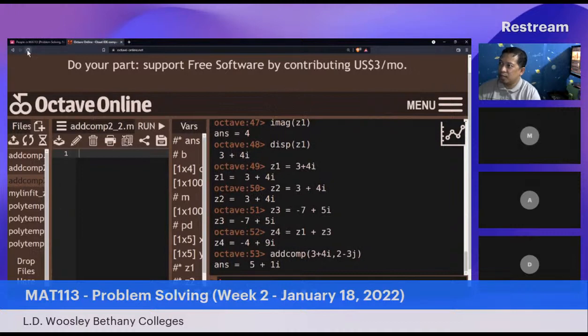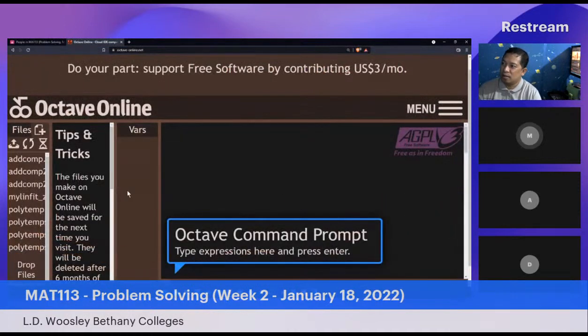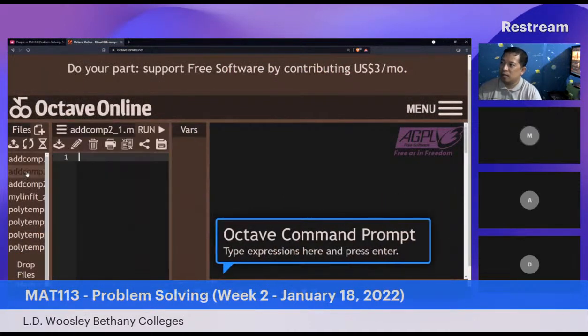Wala, no? Teka, i-refresh. Wala rin sir sa akin po. Baka po yung file po yung may problema sir, yung Add Comp 2. Sir, try ko po sa akin. Okay naman. M-file naman siya. M-file din naman.